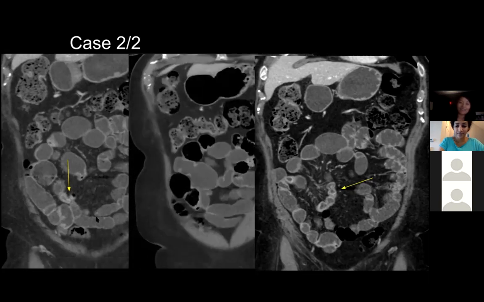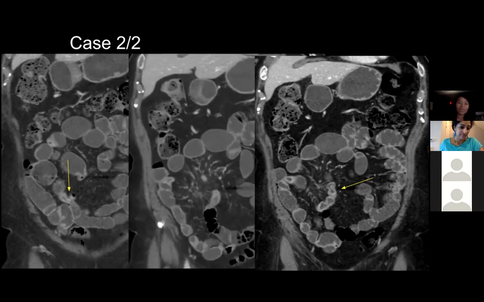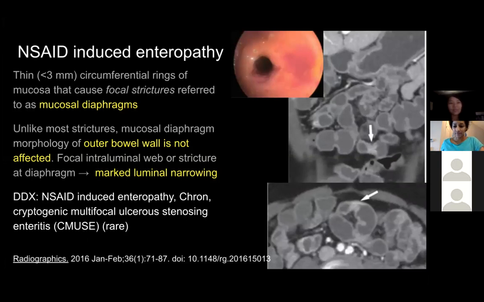Yeah, so that's exactly it. The first one was diagnostic for NSAID enteropathy, and the second one was Crohn's or NSAID-induced enteropathy. I just recently learned about this, but patients who take chronic NSAIDs are at increased risk.